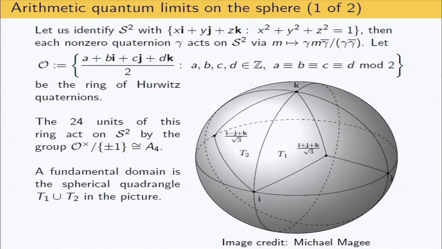Well, if you wish, you can cut this triangle into two triangles by the vertical axis, and those would be the analogs of these spherical triangles T2 and T1. And even the areas match. This has area pi over 3, 4 pi divided by 12, which is exactly the area of the modular surface. This picture is taken from a very nice paper by McGee.